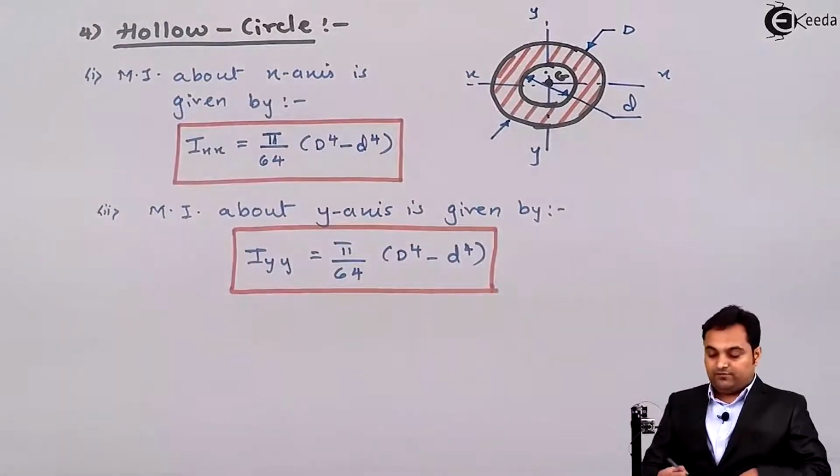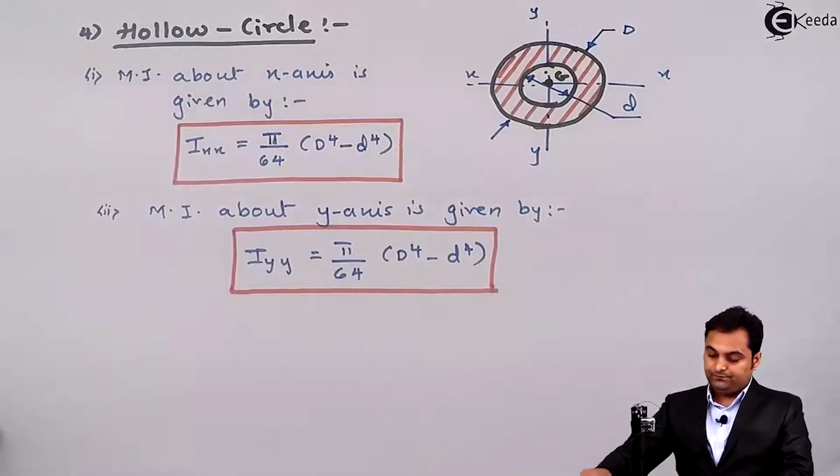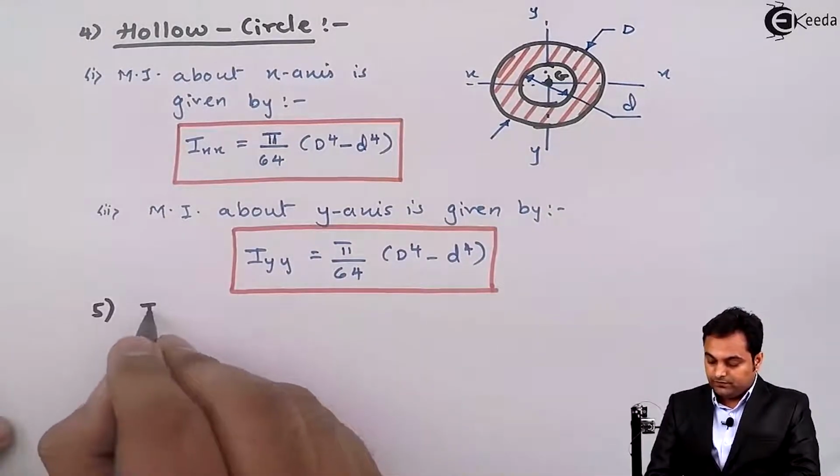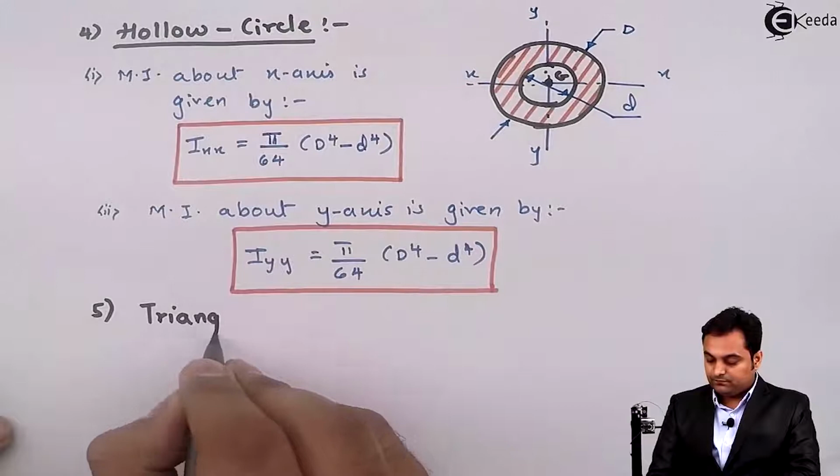Next, after the hollow circle, we have a triangle.